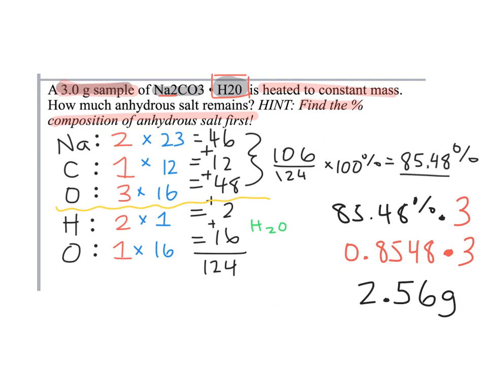This 2.56 grams here is the amount of anhydrous salt that remains. Because after all the water here, after this water has been evaporated, you're going to be left with just the anhydrous salt.